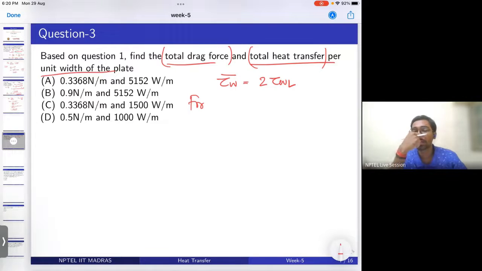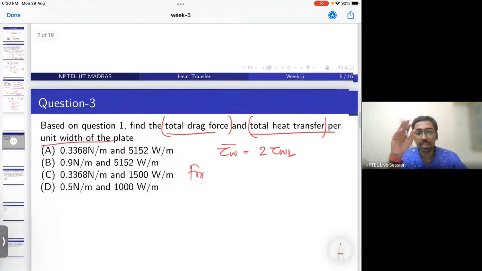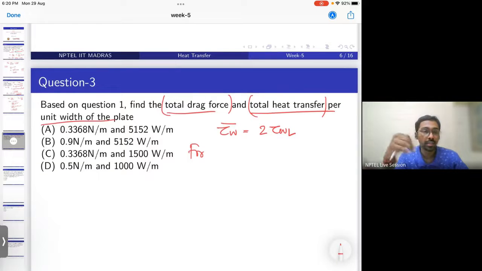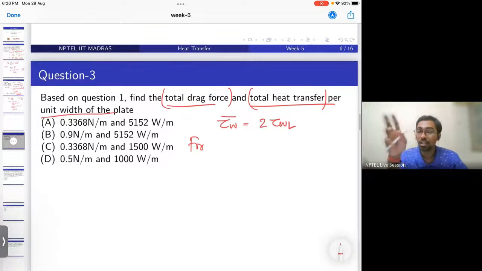Here we should be very careful. The question already says that flow is acting on both surfaces, so both surfaces will experience the drag force. So we need to consider both surfaces.